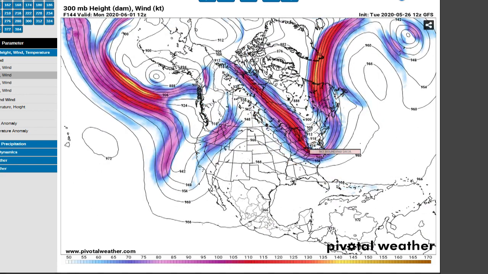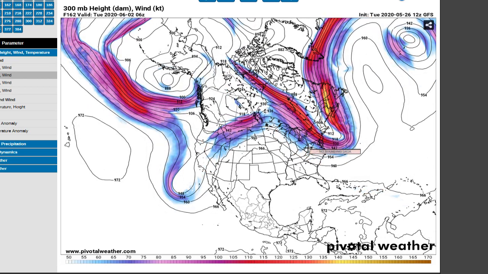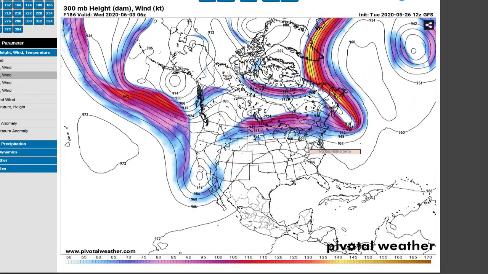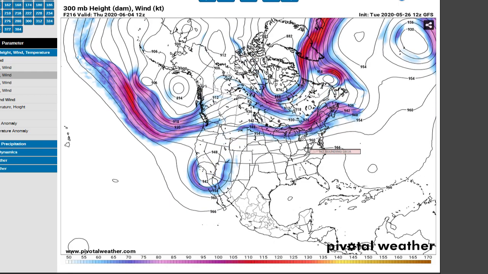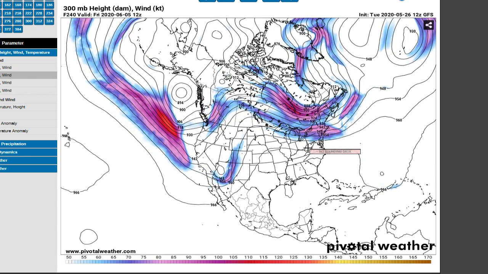Then going into next week, much the same for the beginning of the week. Still keeping those prevailing westerlies up to the north. And let's see, the cutoff flow kind of opens up a little bit. And not quite. Still looks like a lot of ridging in the central plains.